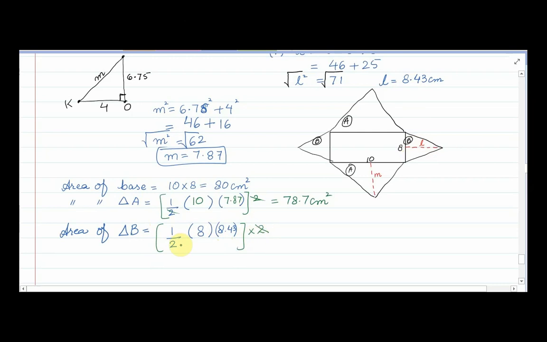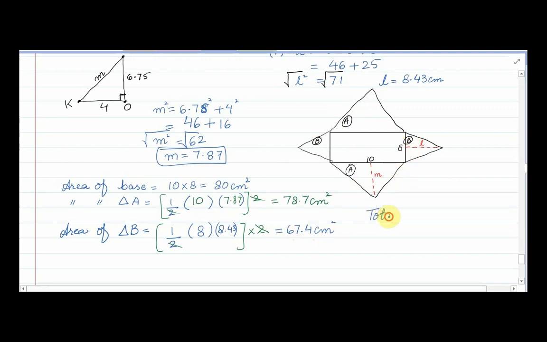So 2 and 2 cancel each other. When you multiply 8 with 8.43, it gives you the value of 67.4 centimeter square. Now you have all the areas of triangles and area of base.